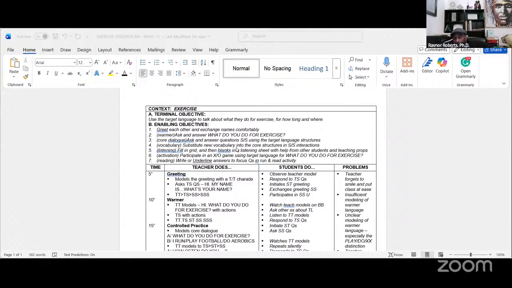So a terminal objective is, and why are terminal objectives important? Because a lot of times you don't see terminal objectives in a lesson plan, but they're important. Why? It helps us defeat what? Something that we talked about on Saturday, the inert knowledge problem.